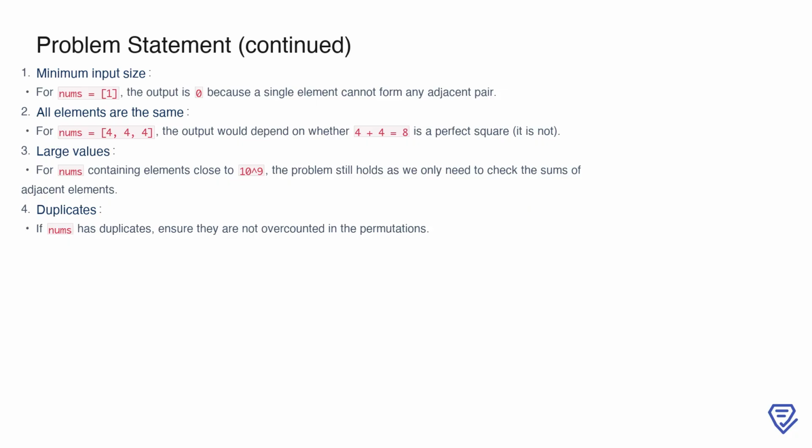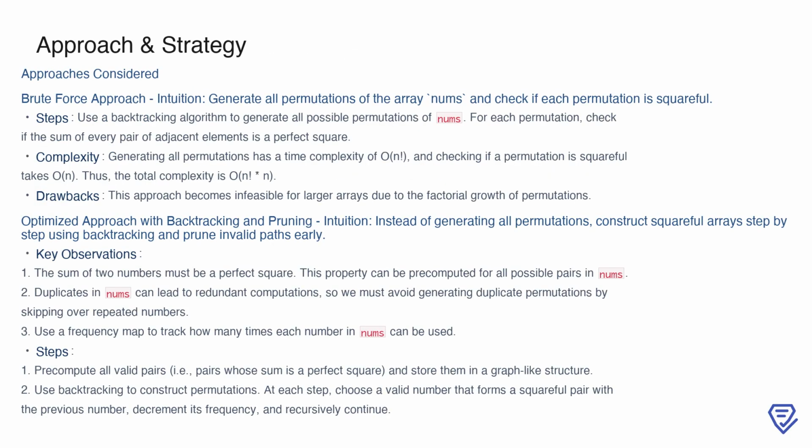accurate and efficient. To tackle the problem of generating squareful arrays, we first considered a brute force approach. The intuition here is quite straightforward: generate all possible permutations of the array nums and check if each permutation satisfies the condition of being squareful. To implement this, we can use a backtracking algorithm to systematically generate all permutations.